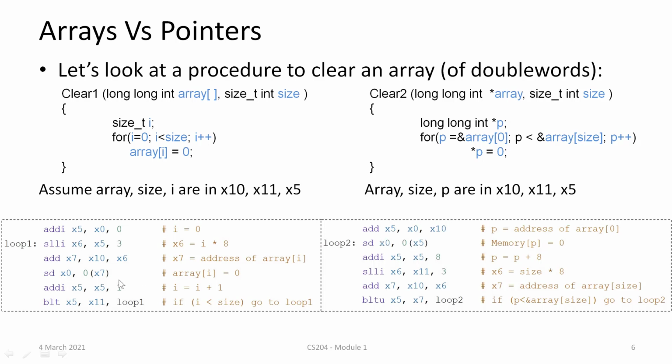So it's similar to the instruction here, sd x0 0 x5. Following that, we are incrementing the value in x5 by 8 positions. Why is that? Because it's an array of double words, each element will take 8 bytes, and because memory is byte addressable, the elements in this particular array will be 8 spaces apart.